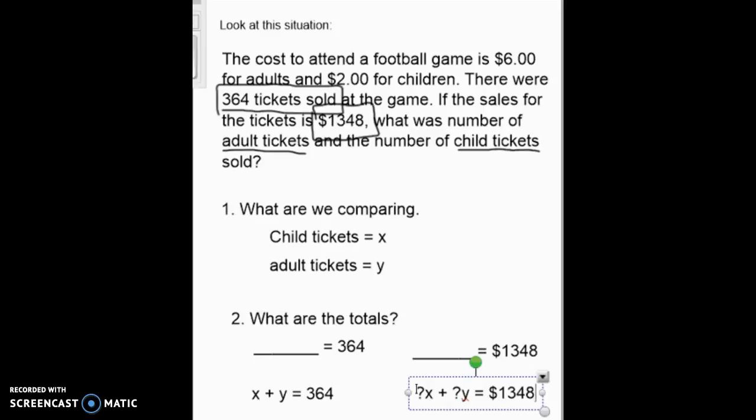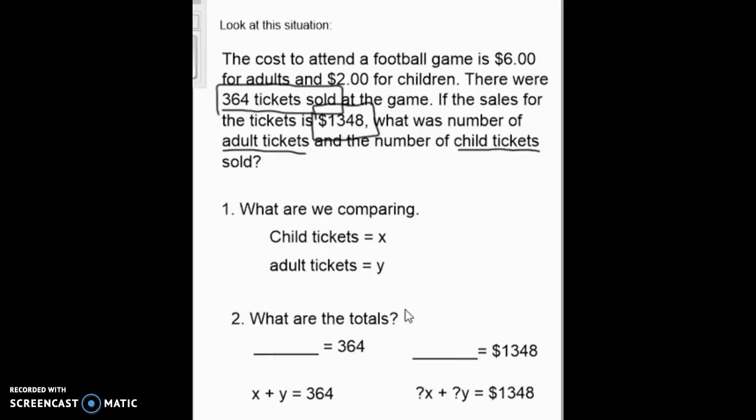So then we have to go back and look, okay, what other factor goes into the second equation that we still need more information? Because it's no longer just the number of tickets sold, it's now the cost. So in the question mark spots, we're going to tie in our cost to help us get to the total price of $1,348.